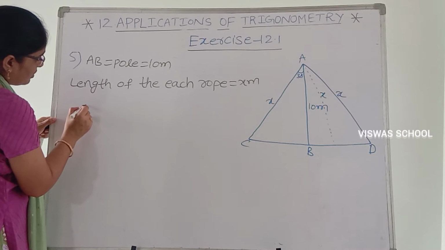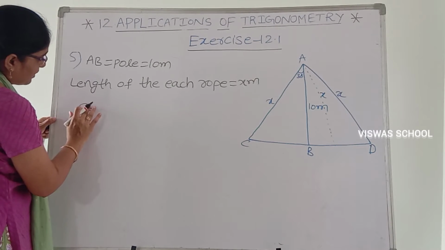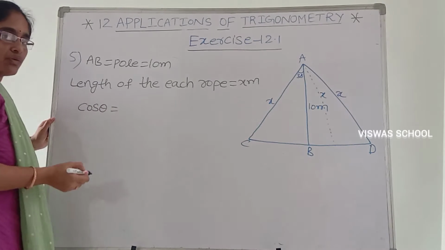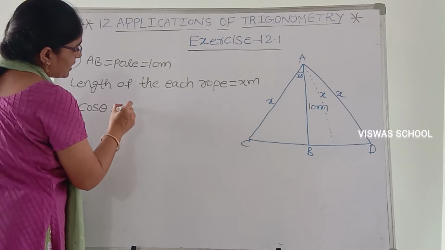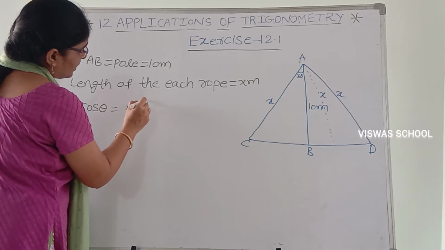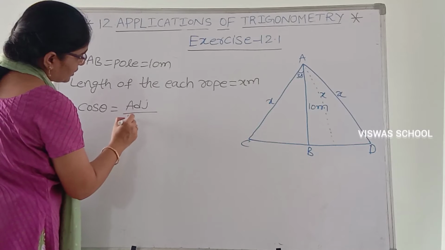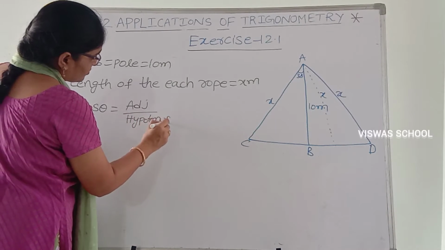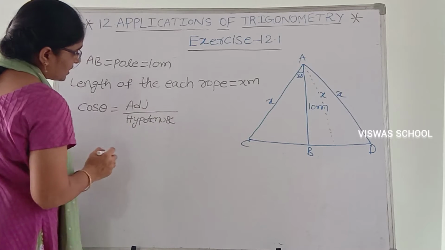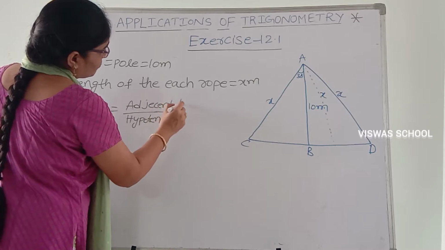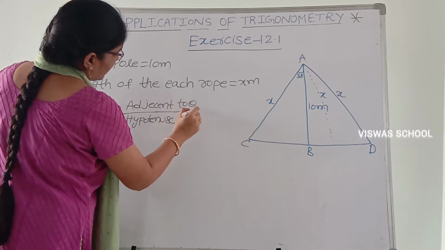Now cos theta is equal to adjacent by hypotenuse, that is adjacent to theta by hypotenuse.